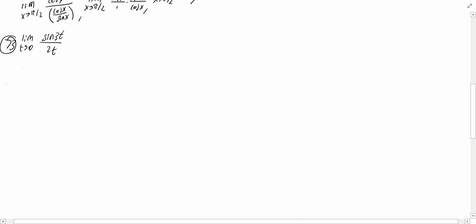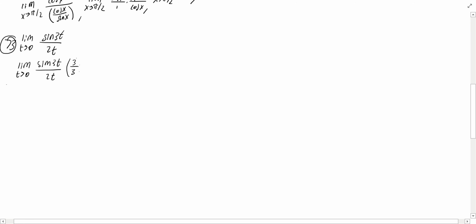And in this situation, we're going to have to employ a bit of a different strategy in order to solve this one. So we're going to have the limit as t goes to 0, and what we're going to do is we're going to say sine of 3t over 2t, and we're going to multiply both the numerator and the denominator by 3 over 3.